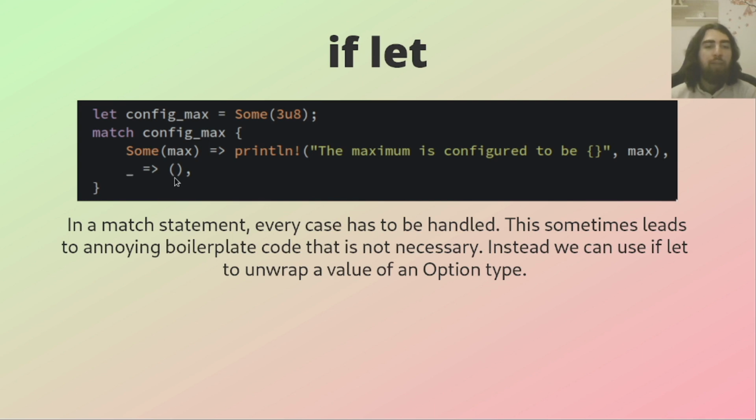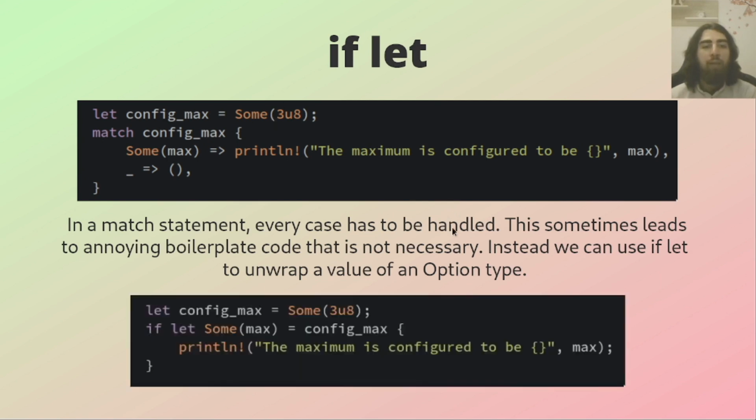Now, this is sometimes too verbose, especially for cases like this. For example, you just want to unwrap something from a Some variant. Now what we can do instead is just using if let. So it's exactly the same as this match statement, but we know that config max holds a Some value, right?